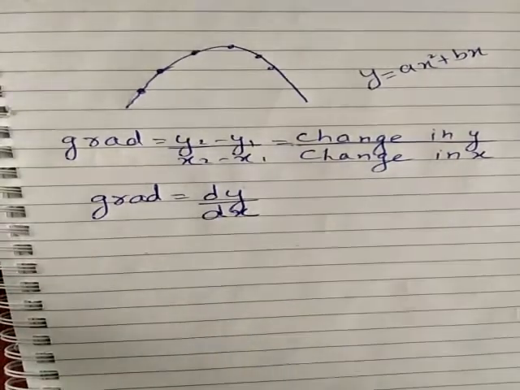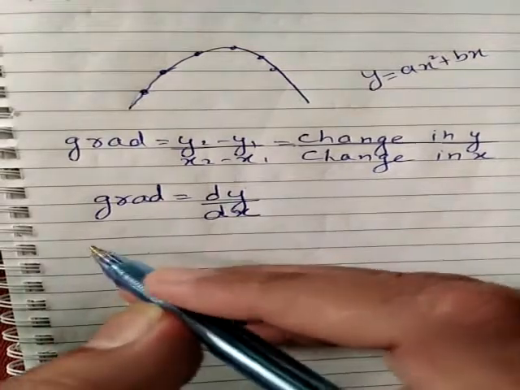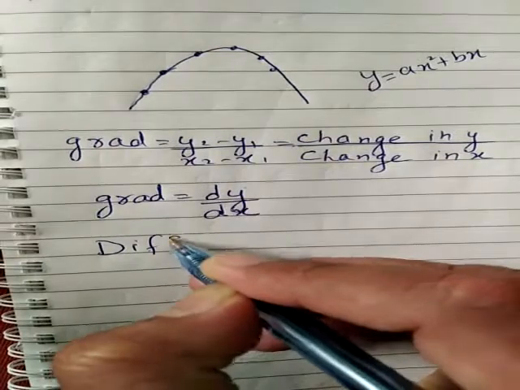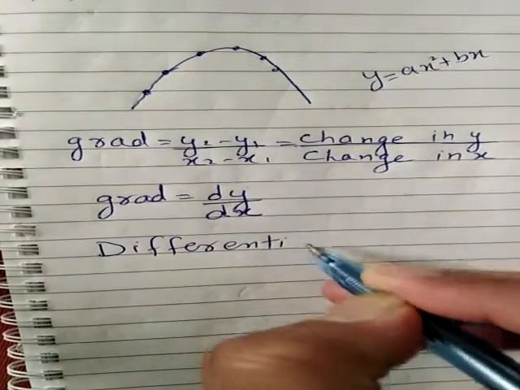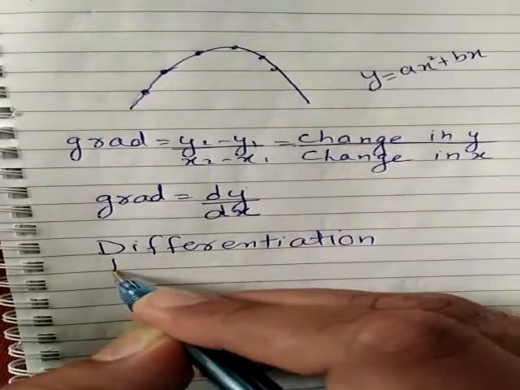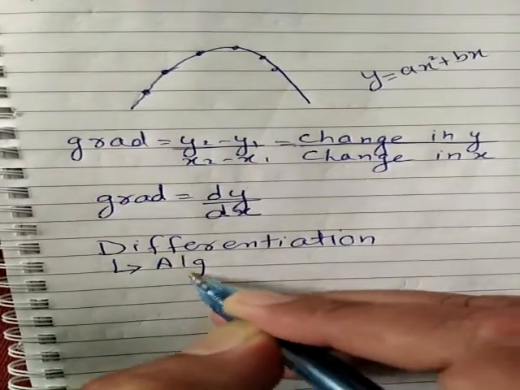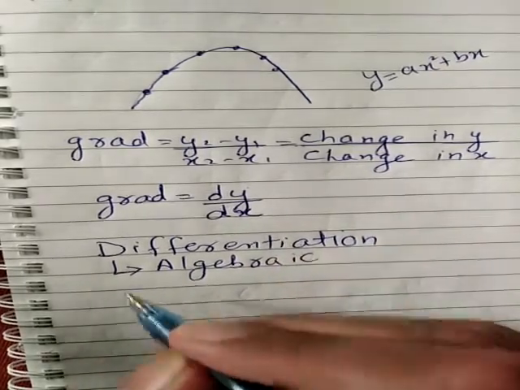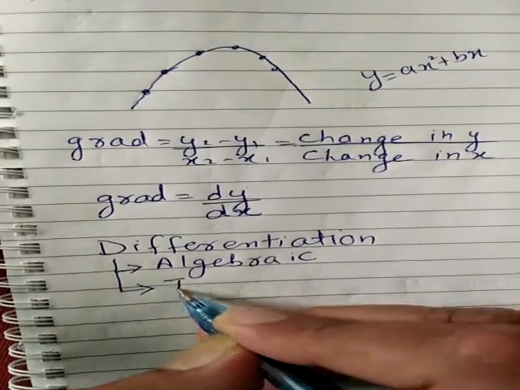Now in differentiation, the types of differentiation we are going to do, we are going to have four different types of differentiation in O level. Number one is algebraic. Number two is trigonometric.